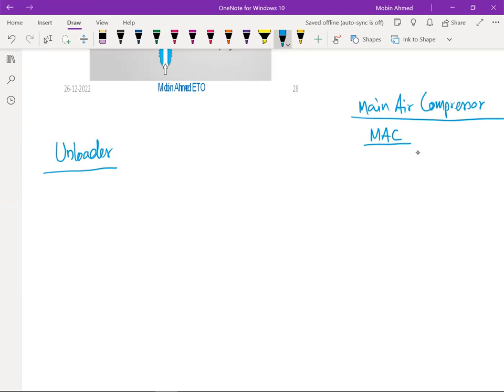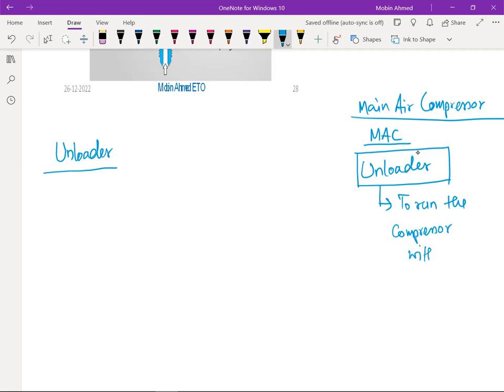There is an unloader in this also, and there is an unloader in this. What is the purpose of this unloader? The purpose of this unloader is to run the compressor without load.